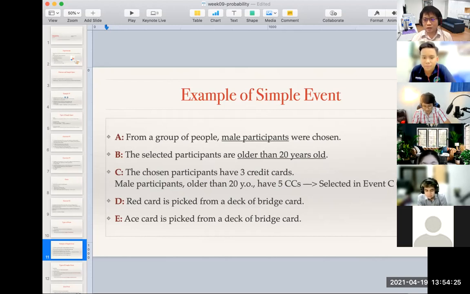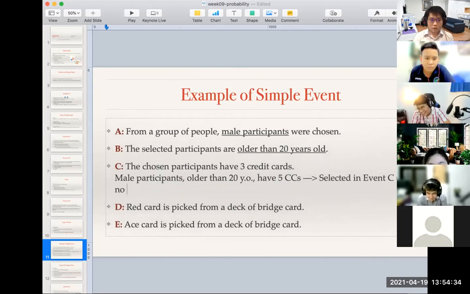Okay. Kathleen. No, sir. Kathleen says no. Okay, so we have no. Okay. How about Gilang? Your 3 friends say yes. 1 says no. The 5 CCs are the 5 credit cards, right, sir?